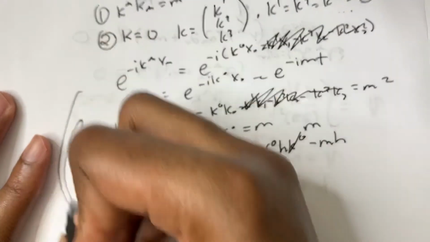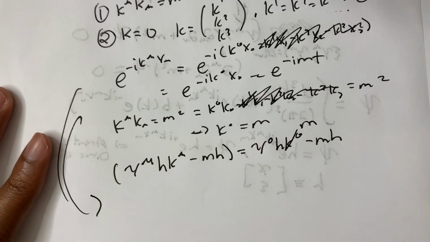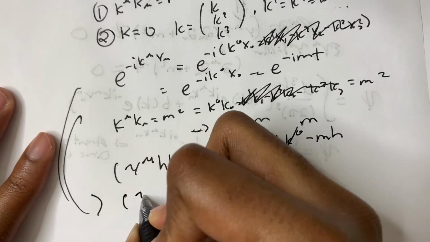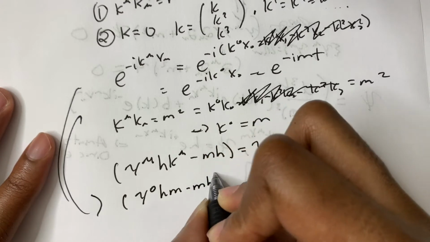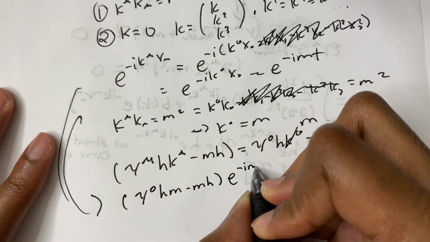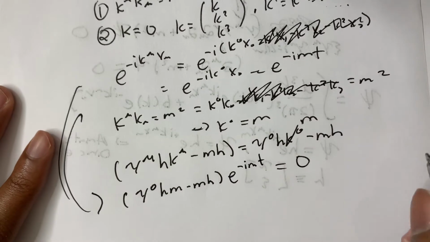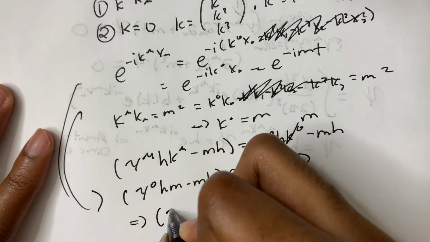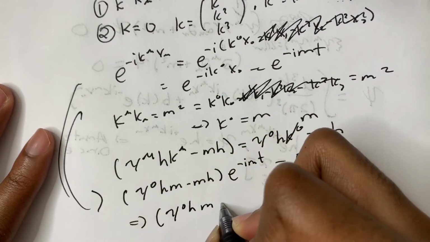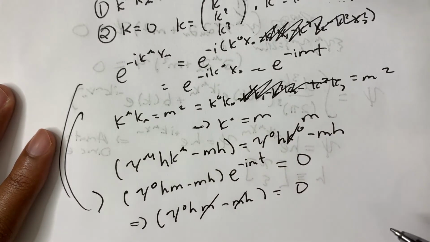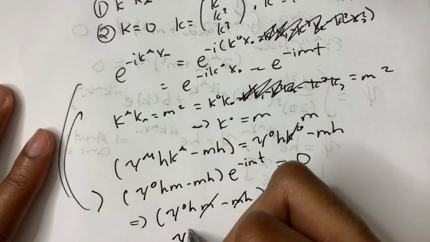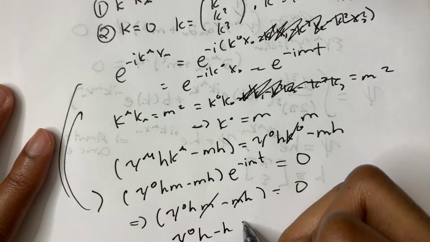And finally, after all these simplifications, we have gamma naught h m minus m h, times e to the minus i m t, equals 0. Of course, implying that gamma naught h m minus m h equals 0. Cancel both sides by m. You have gamma naught h minus h equals 0.